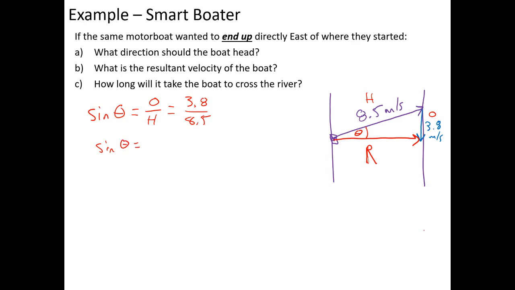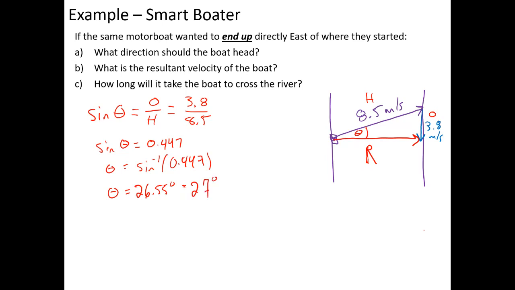If I plug and chug this, the sine of theta is 0.447. If I take the inverse sine of both sides, the angle this boater should be pointing at is 26.55 degrees, or 27 degrees.